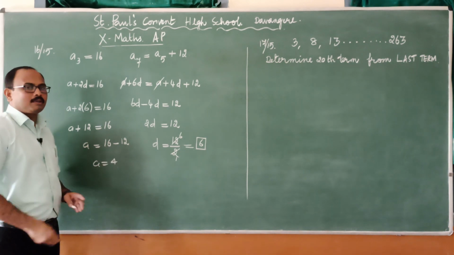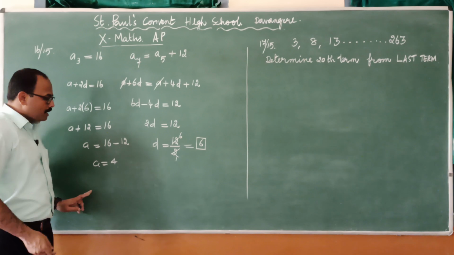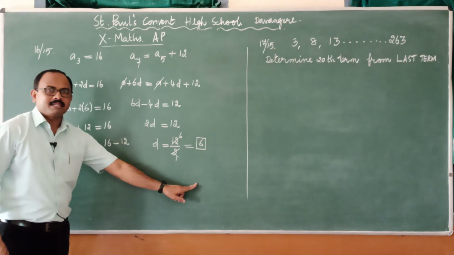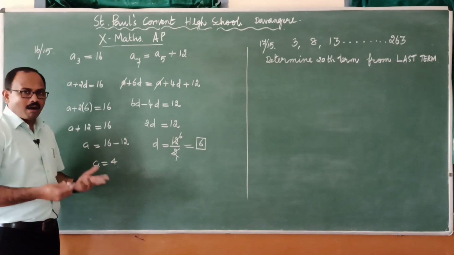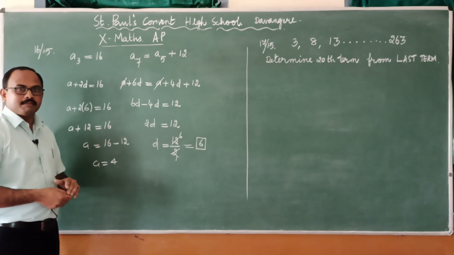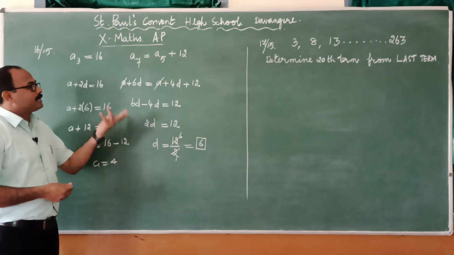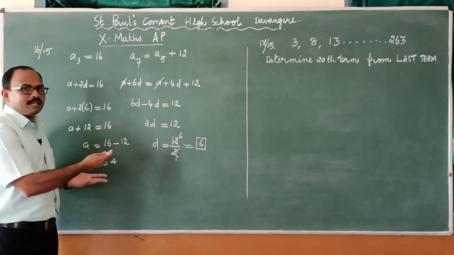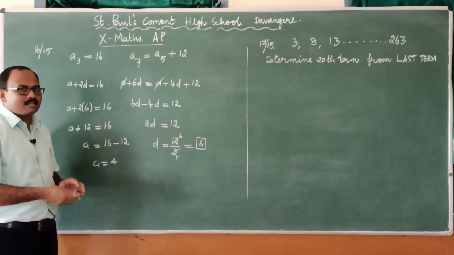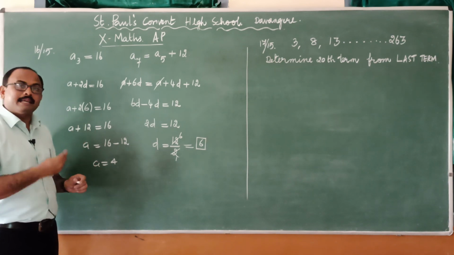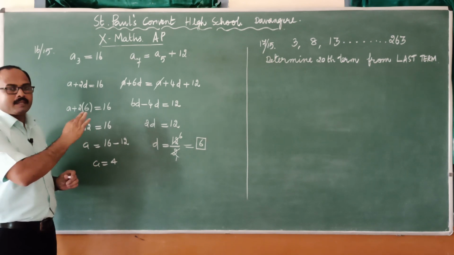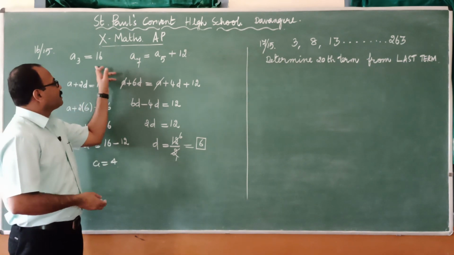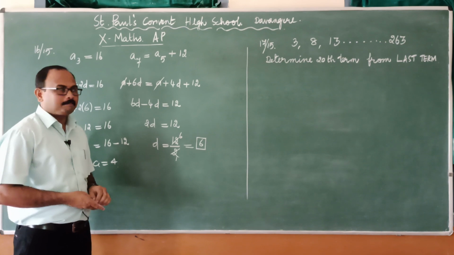If you want to find out the AP, the general form of AP is a, a plus d, a plus 2d, a plus 3d, and likewise it goes on. Or the question can further be to find the 20th term. The 20th term is equal to a plus 19d. a and d we know, so we can find it out. That's how this sum can be extended. Therefore, the important part of this sum lies in writing the equation, children.